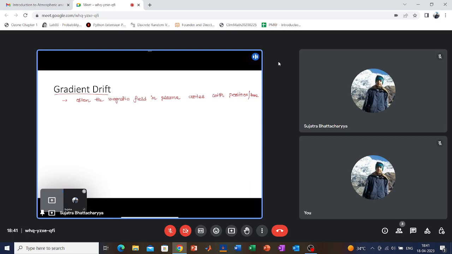So these cases are completely different now. This is an inhomogeneous magnetic field because it is varying with position, and not a static one, because it may also vary with time. Whenever the magnetic field in the plasma varies in position as well as in time, it causes the plasma particles to drift.